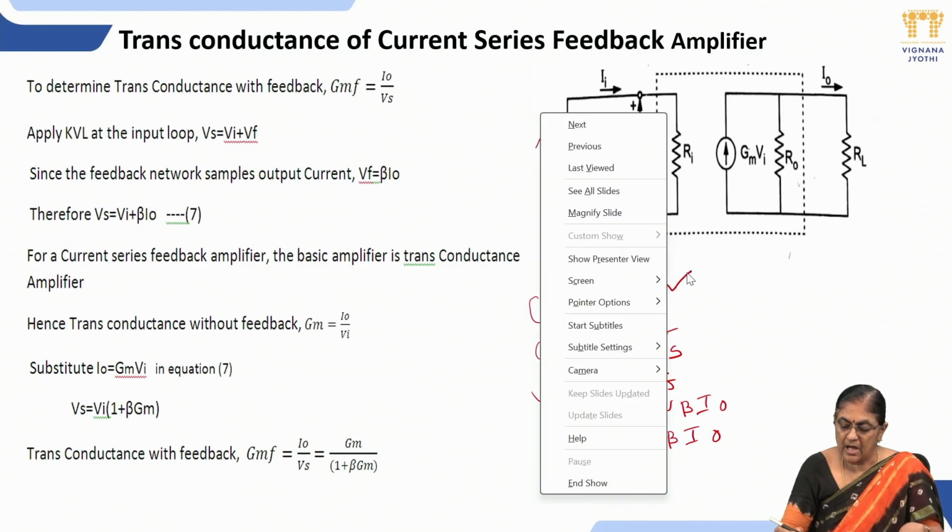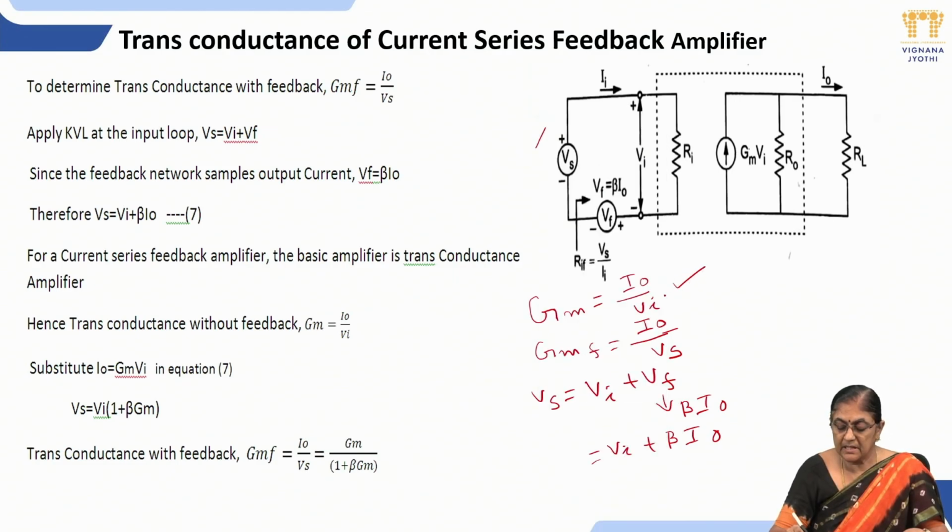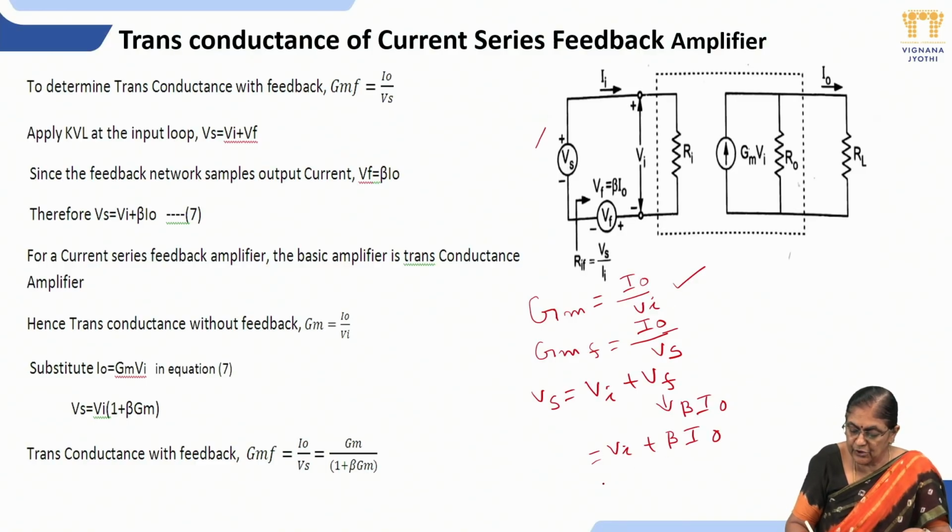From this expression, GM is equal to I naught by Vi, where GM is transconductance without feedback. From this expression of transconductance, what did you get? I naught is equal to GM into Vi. Substitute I naught is equal to GM into Vi.